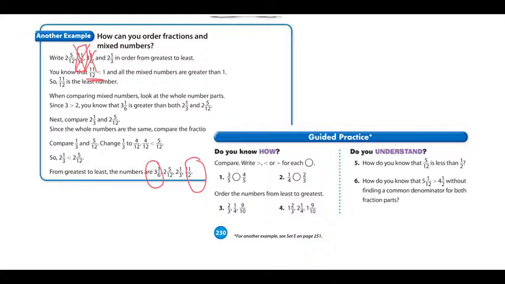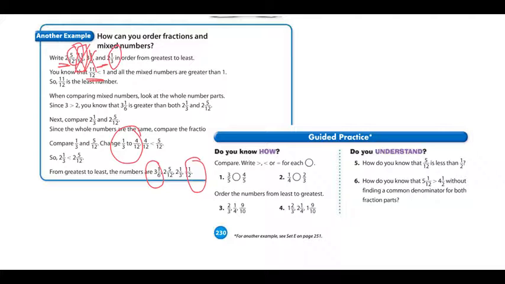But you have to compare the ones that both have 2 as whole numbers. So you're really comparing 1/3 and 5/12. And you go through that same process by finding equivalent fractions in order to determine, which they did here, 1/3 to 4/12.